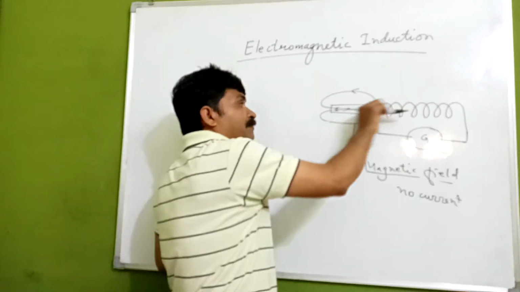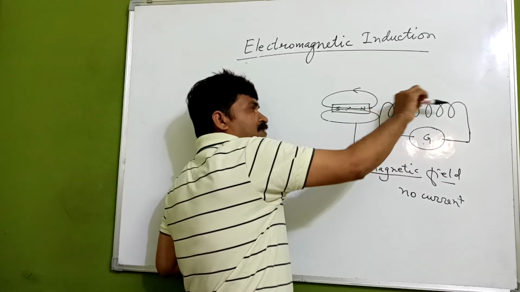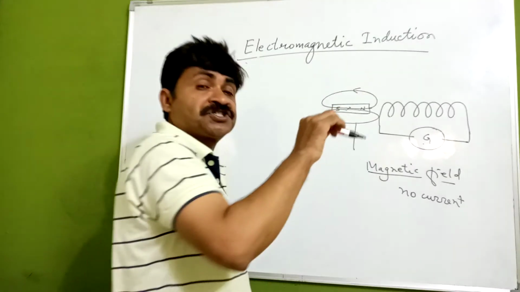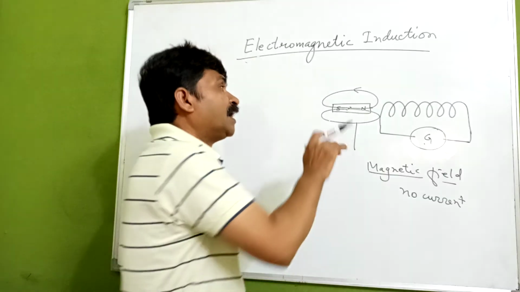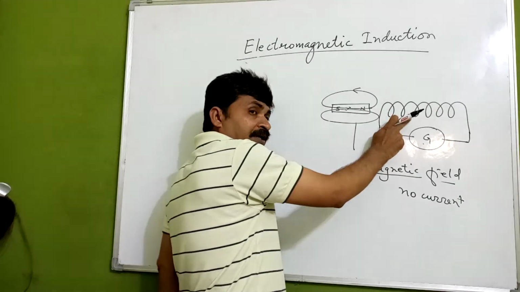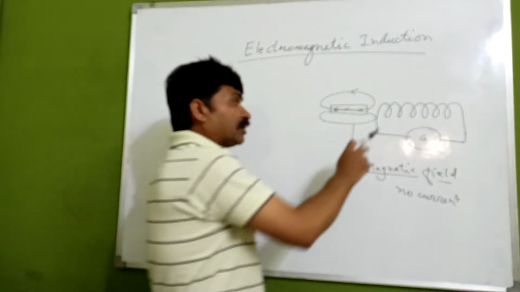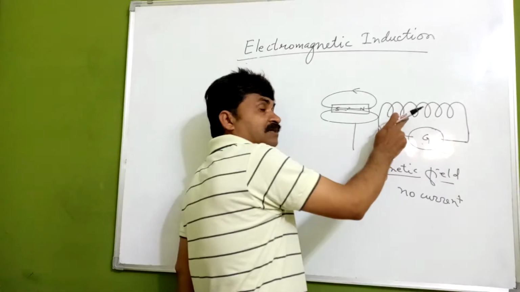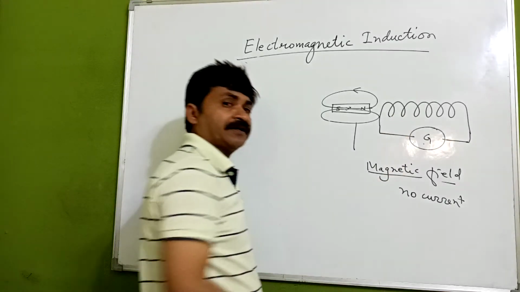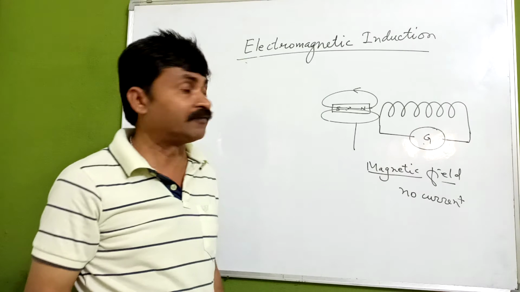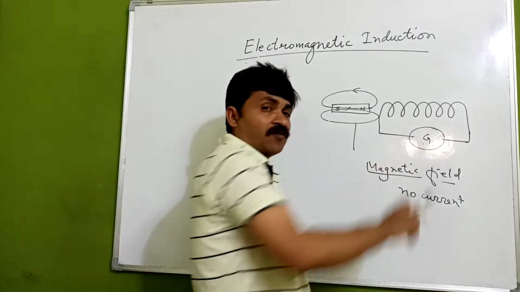If we keep the magnet moving in this direction, there is a continuous change in the magnetic field lines, and because of this change, an EMF is generated, and this EMF causes a current to flow, and the galvanometer gives the indication of the flow of current.